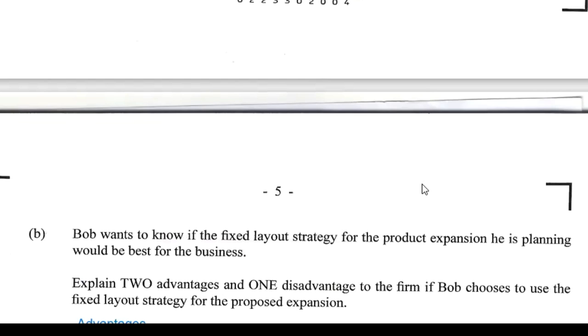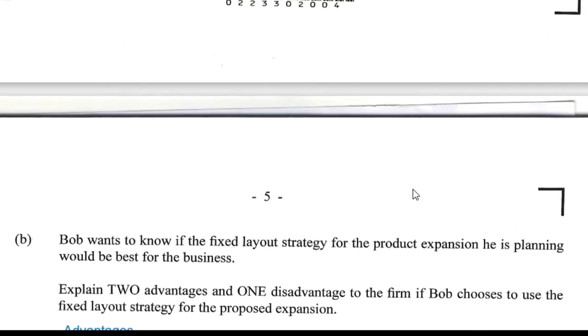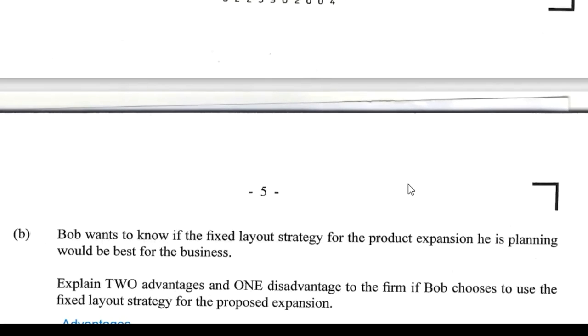Can you come up with 2 advantages and 1 disadvantage? All right, let's look at a possible answer.